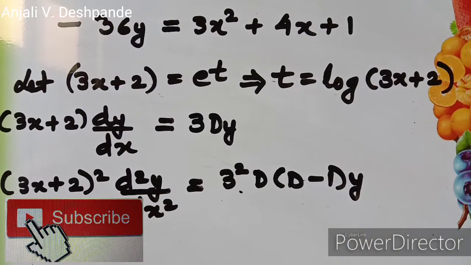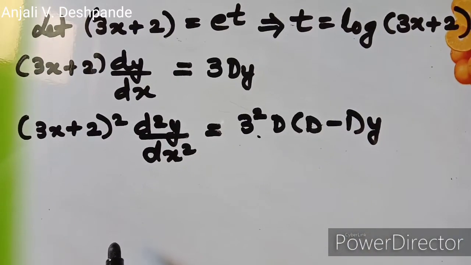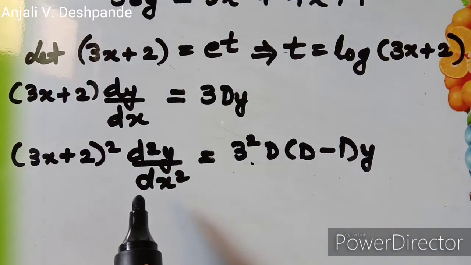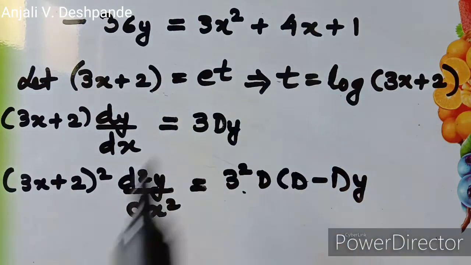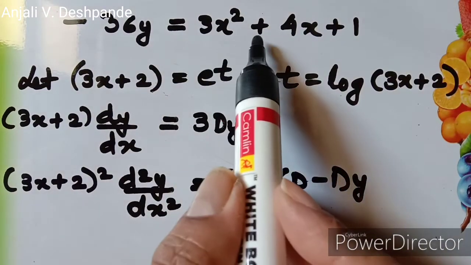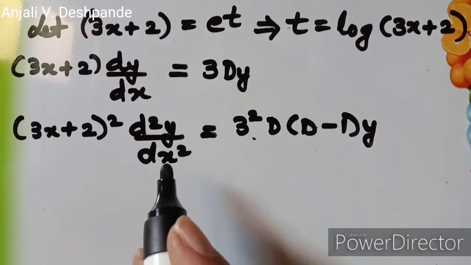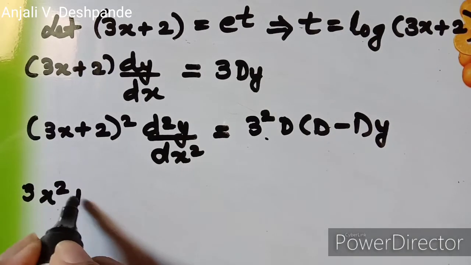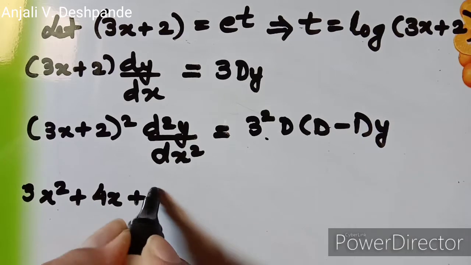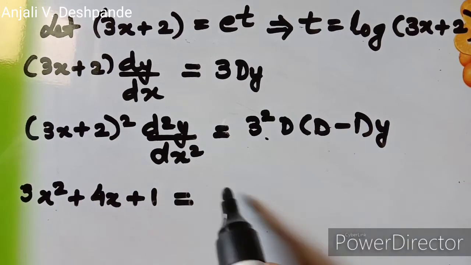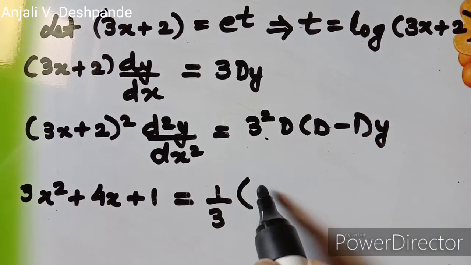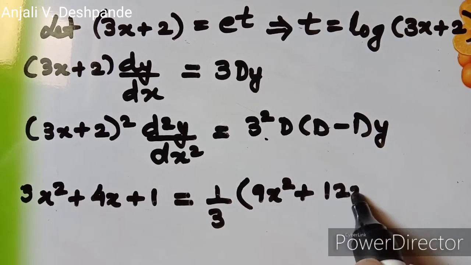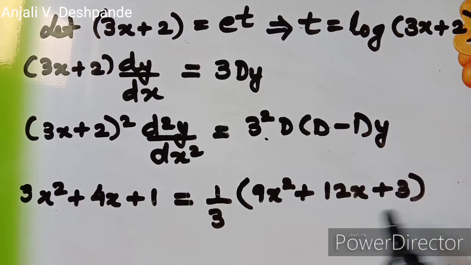Now we will see about the RHS, because that also has to be converted since we have put 3x plus 2 is equal to e raised to t. In the given sum, the RHS is 3x square plus 4x plus 1. So we will write it like this: 3x square plus 4x plus 1 is equal to 1 upon 3 into (9x square plus 12x plus 3).